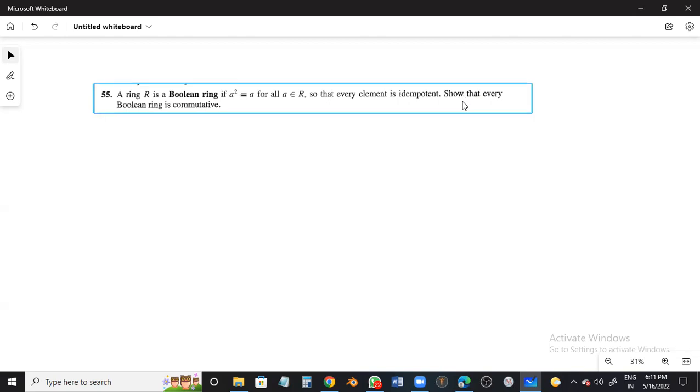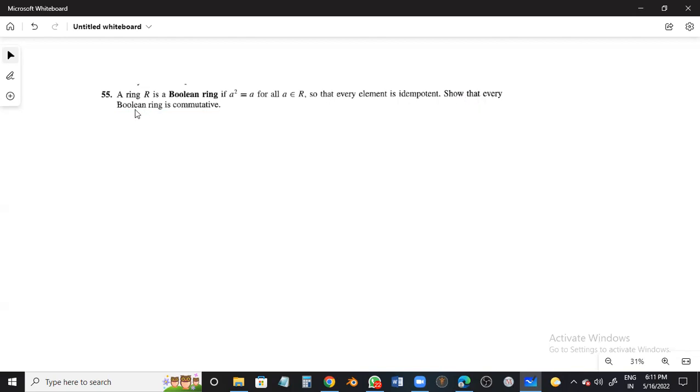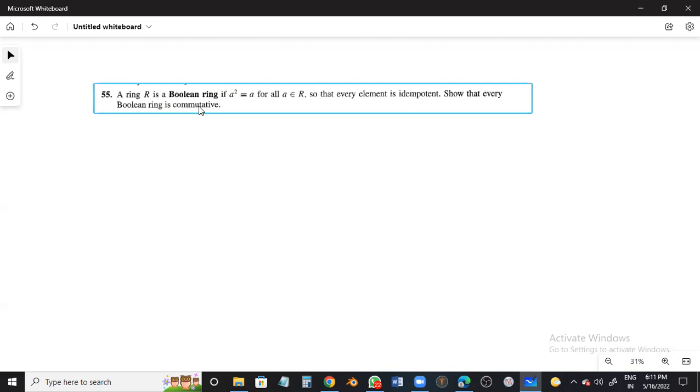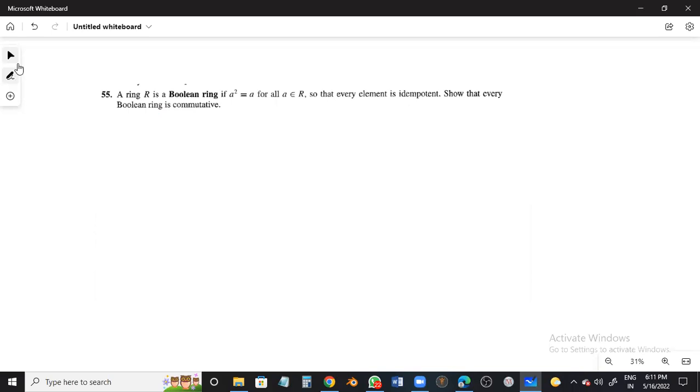Now the question here asks you to show that every Boolean ring is commutative. We want to show that every Boolean ring is commutative. So what I mean by commutativity: A into B is the same as B into A. I want to show A into B is the same as B into A. So let us start with A into B. But A itself is A square and B is B square.